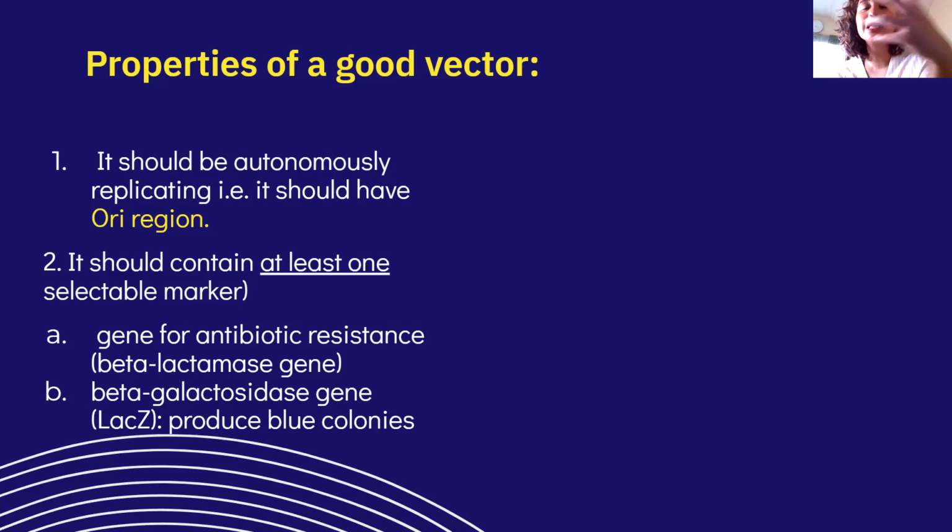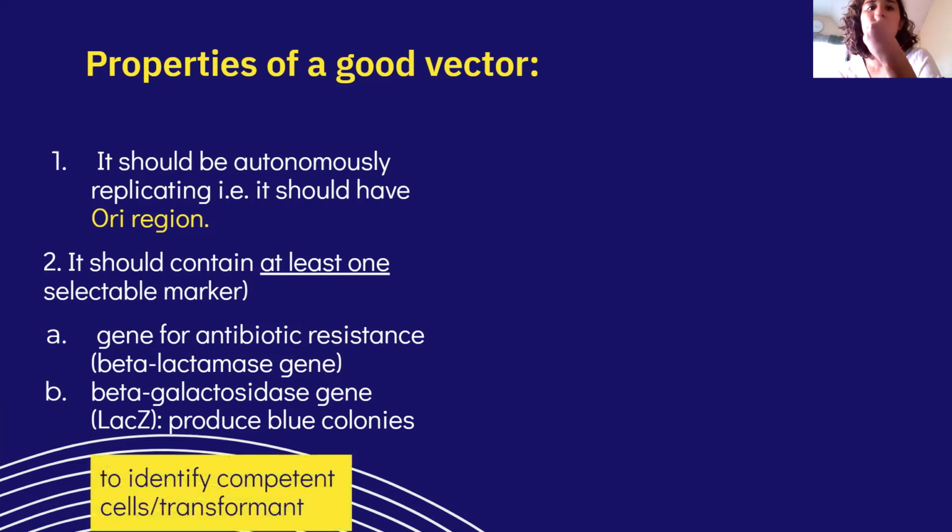And the blue colonies will give us a sign that all those blue colonies had been transformed into the competent or transformed cell. So ang mga gusto natin, yung mga blue colonies, di ba? Hindi yung mga white colonies. So those are called selectable marker. Okay? This marker is important to detect if the cell is transformed. Yan. Or a transformant or a competent cell.